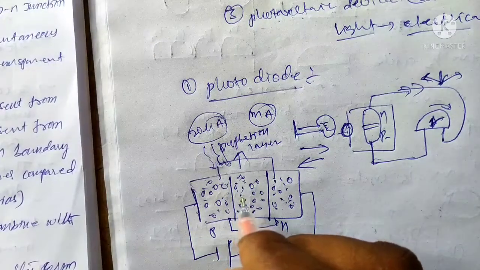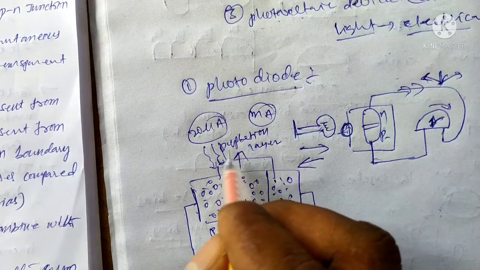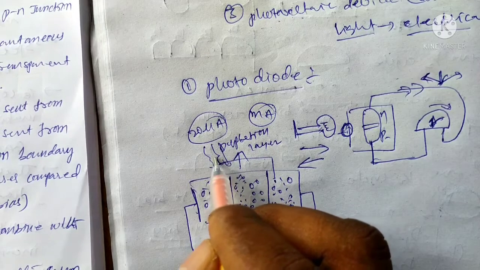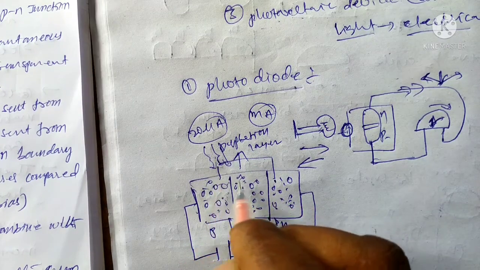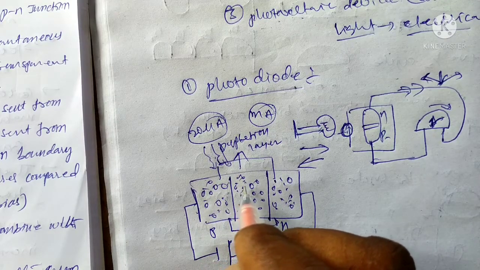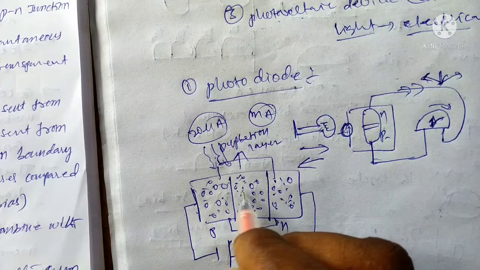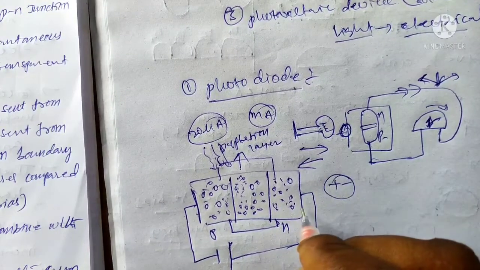See here, when incident light, that is photon energy, falls on the depletion layer, it is absorbed and creates electron-hole pair generation.